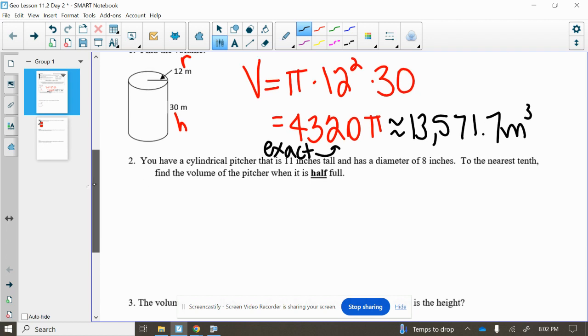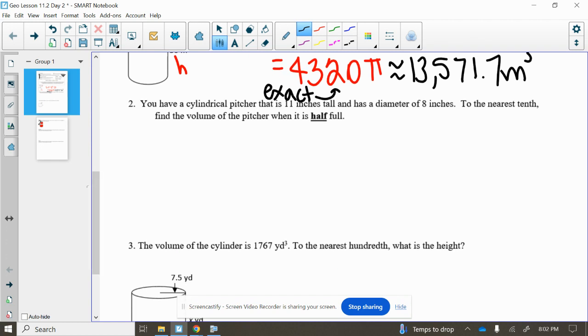On the next one, they say we have a cylindrical pitcher that is 11 inches tall and has a diameter of 8 inches. And what is the volume of the pitcher when it is half full? So think about the full diameter is 8, radius then is half of that. And the original height would be 11 inches.